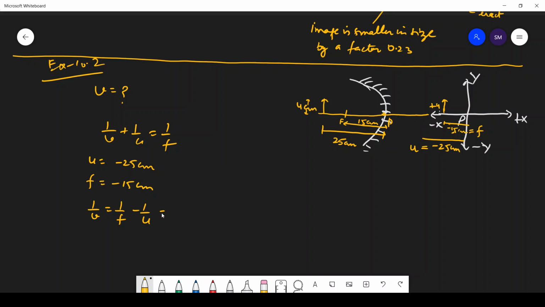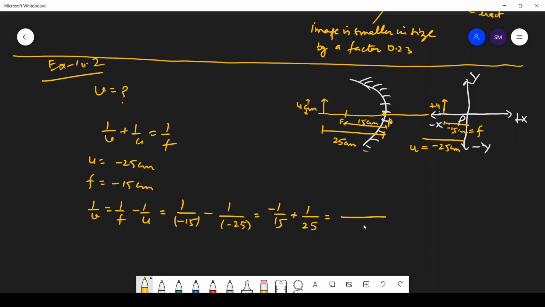So that's equals to 1 upon minus 15 minus 1 upon minus 25. And this will be equals to 1 upon 15 minus 1 upon 15 plus, so this minus minus will become plus 1 upon 25.